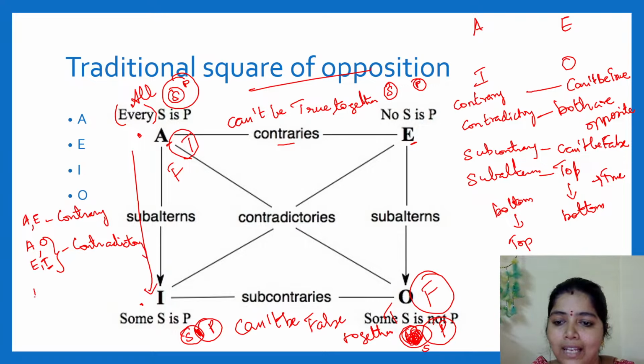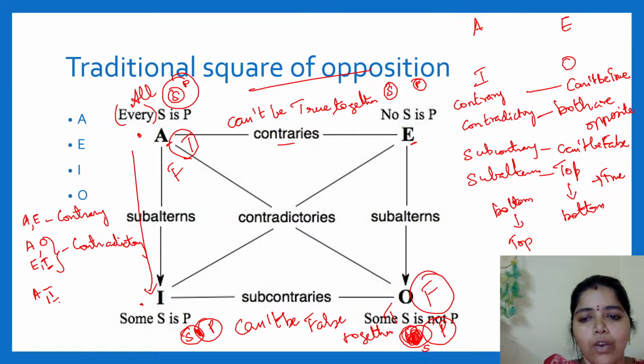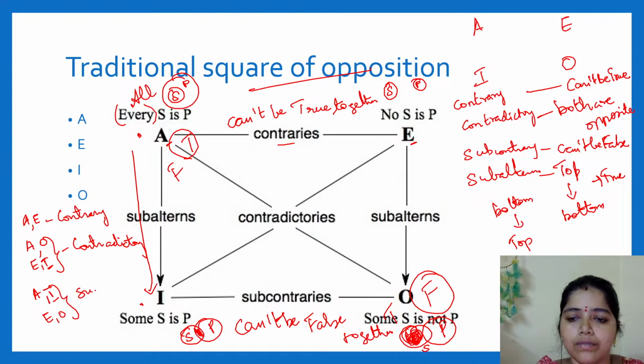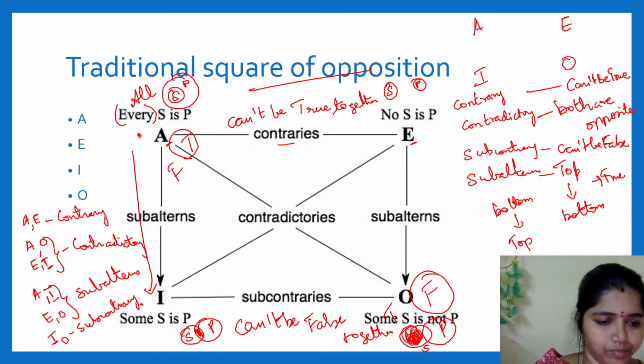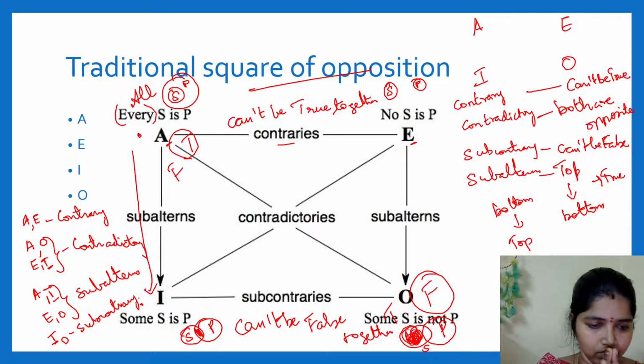And AI and EO are called subaltern. And IO is called as what? Subcontrary. Clear? I hope it is clear.